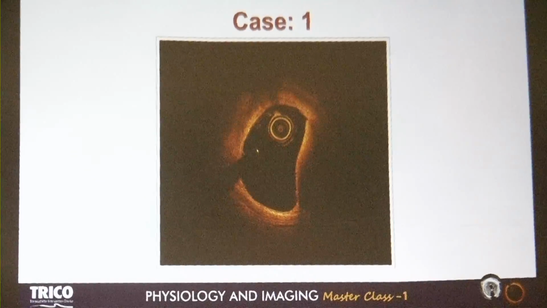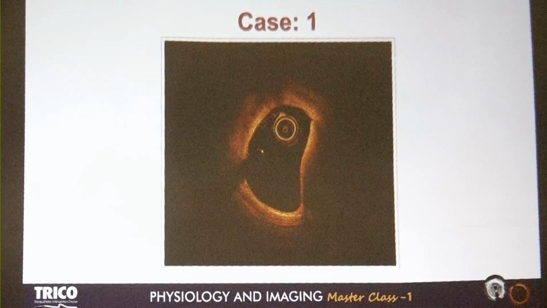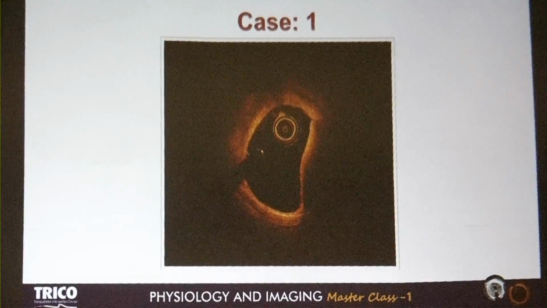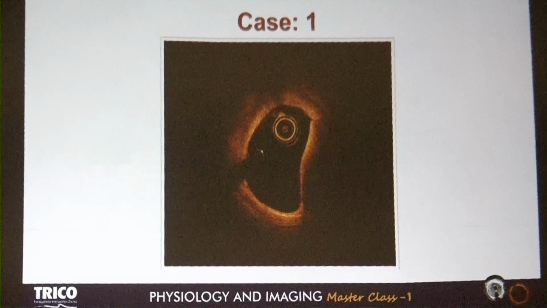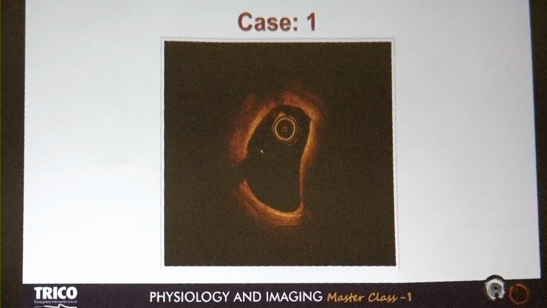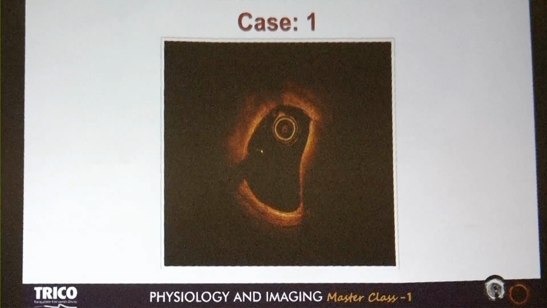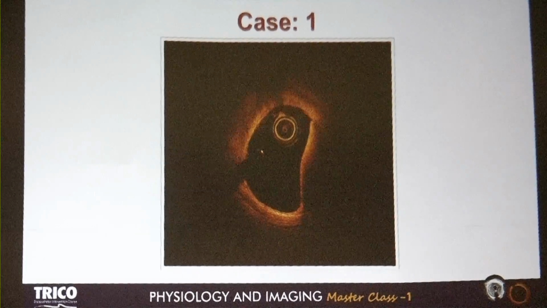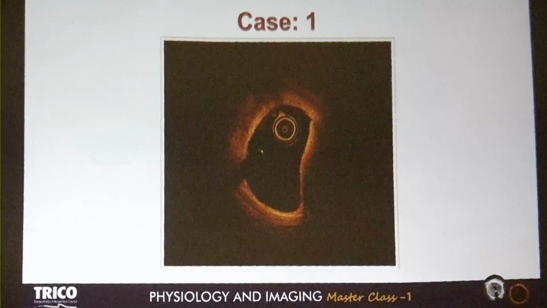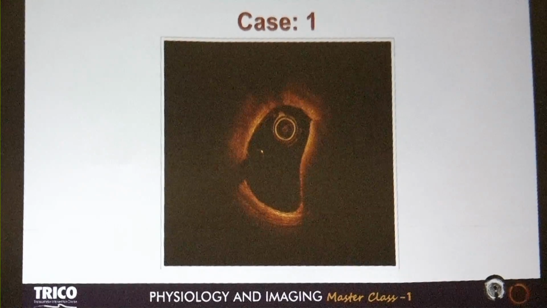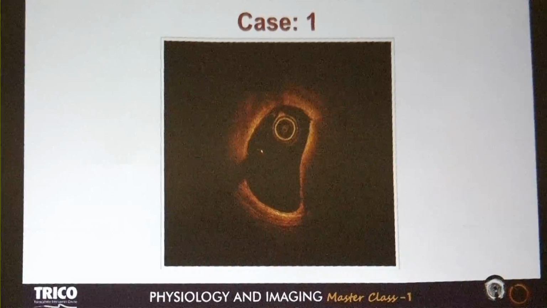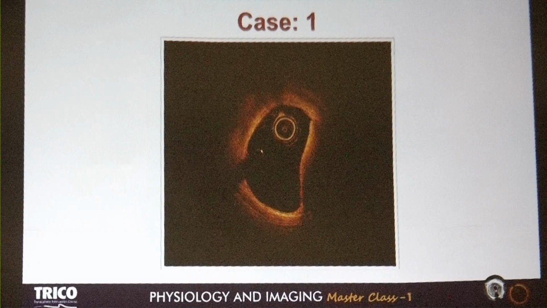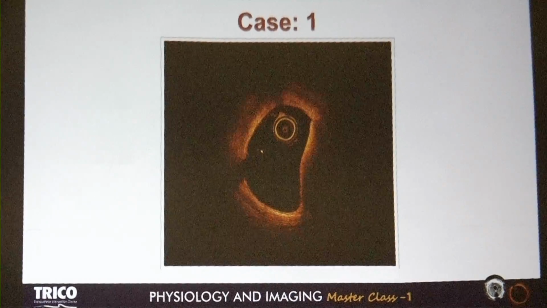So this is case 1 and this is an OCT image. Now looking at this OCT image, what comes to your mind? TCFA, right. So how many of you think it is TCFA? You can see through it. Anybody who is new, or even doing it regularly but not giving proper attention to the detail, would get stuck with the finding of TCFA.